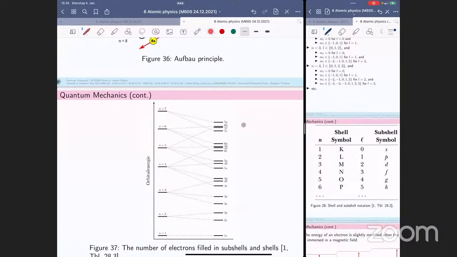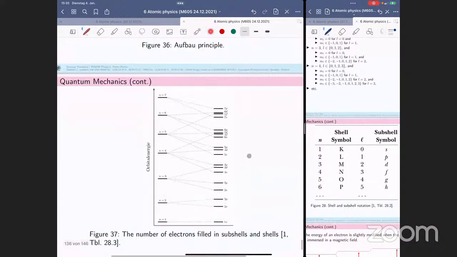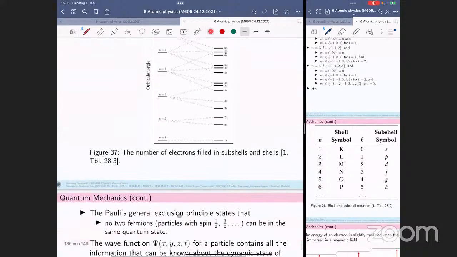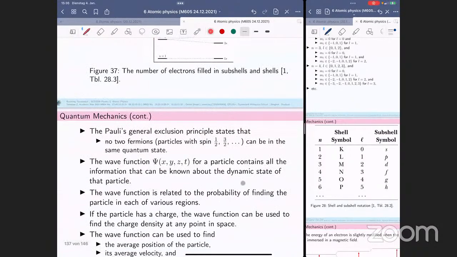It means we could not find 2 electrons in the same energy level. It means an electron will stay at a unique level that is different from the others. Yeah, that's Pauli's principle.